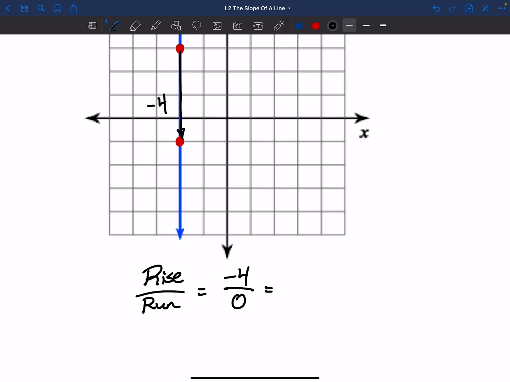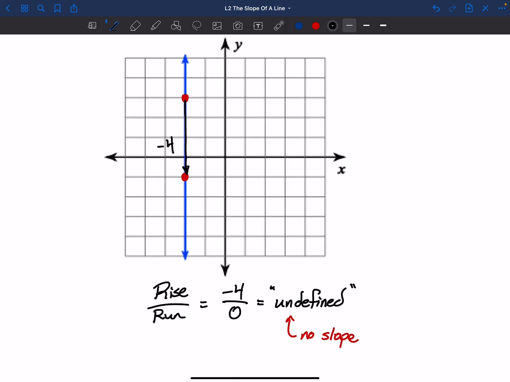They disappear from existence, which doesn't happen that way. So what happens here is that we can't actually simplify this, so we give it a special name. We call it undefined. And in our case, all that really means is that there is no slope. We cannot give a slope to this graph because we don't know whether it's increasing or decreasing.